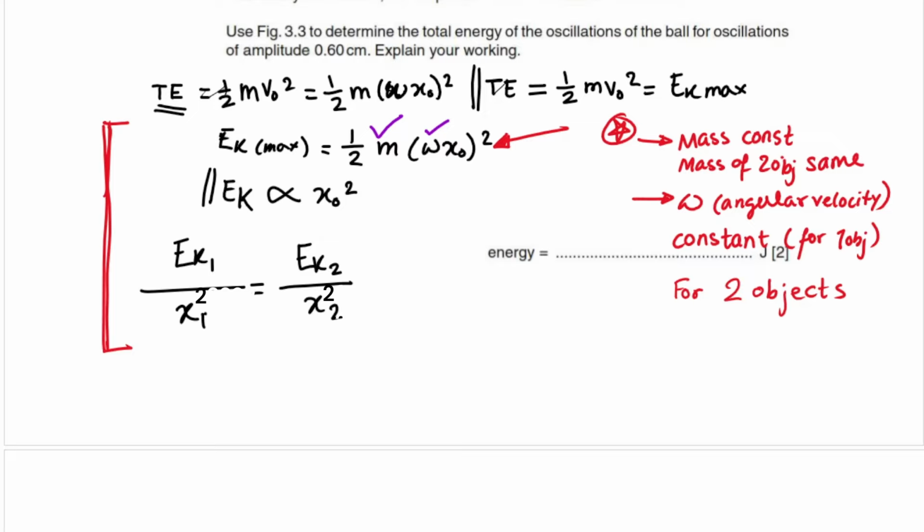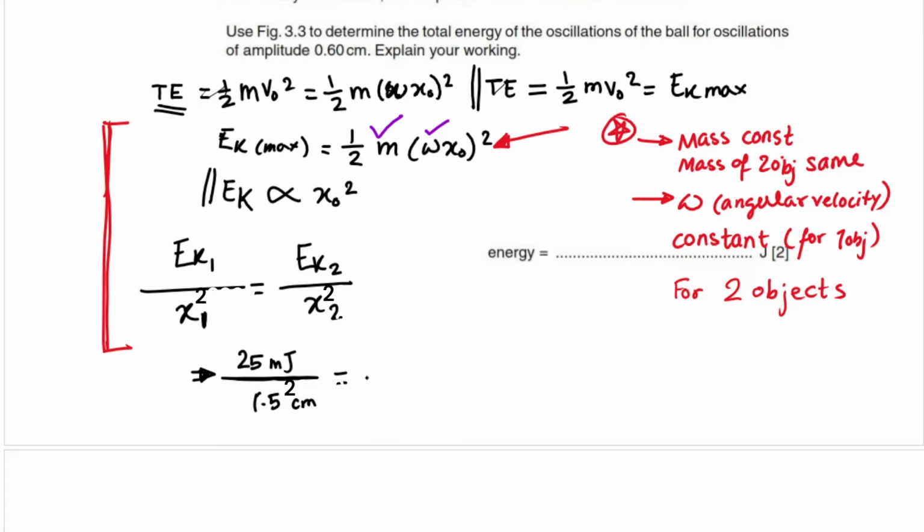Therefore, we can write for the original motion, the maximum kinetic energy was 25 millijoules, and its maximum displacement was 1.5 centimeters.